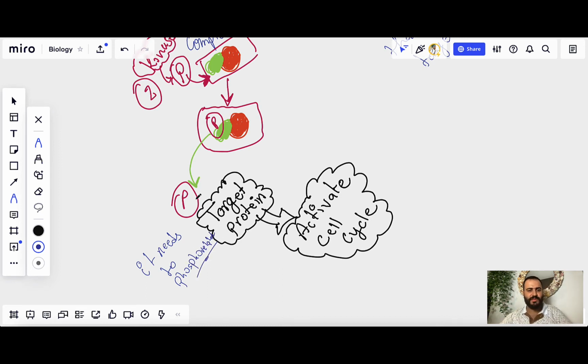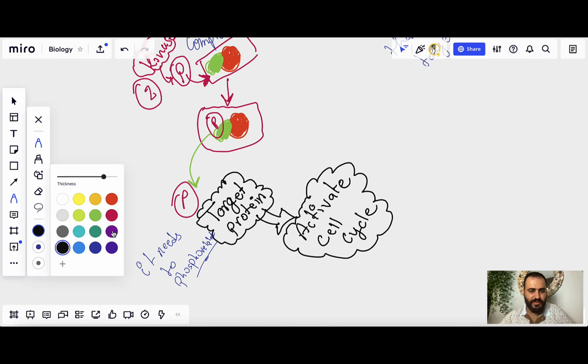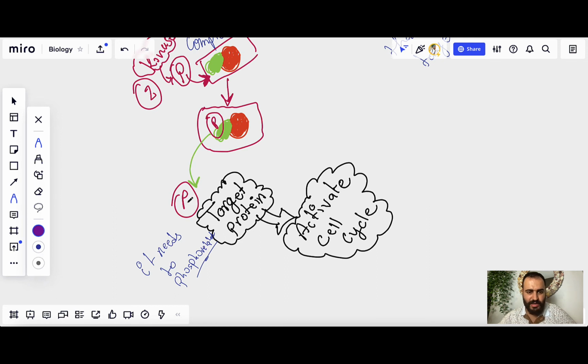It means it needs to bind with a phosphate group. And this is the function of the complex. This complex will add the phosphate group to it. As a result, it will be activated. So without the phosphate group, without the P, this one cannot be activated. Now it is activated. So let me go back. This is the third stage. The phosphate group is coming from the cyclin CDK complex that received a phosphate from kinase.